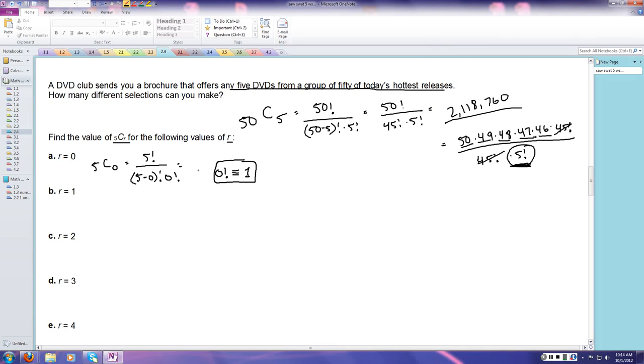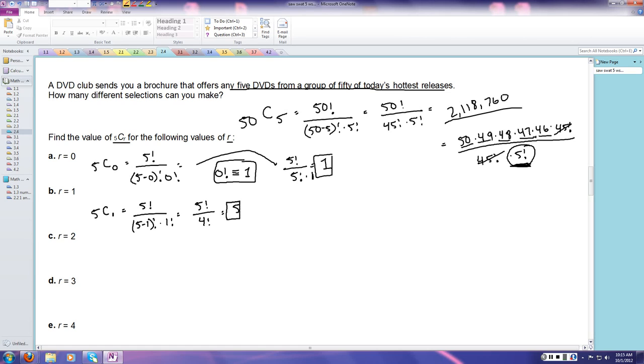So here I end up with 5 factorial on top over 5 factorial on bottom, 5 factorial times 1, right? 5 factorial over 5 factorial is 1. So your answer here is 1. If I do 5 choose 1, I have 5 factorial over 5 minus 1 factorial times 1 factorial, which would be 5 factorial over 4 factorial, which would simply be 5, right?